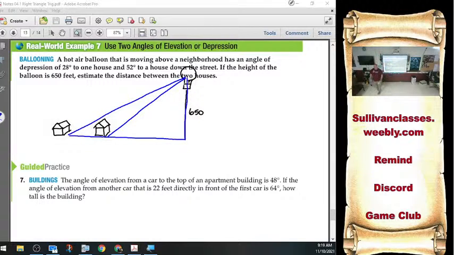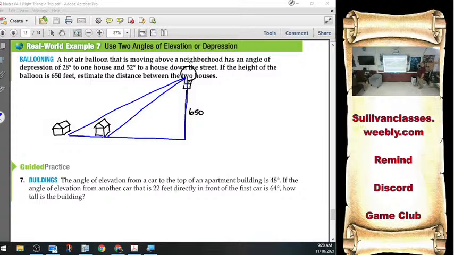Which one's which? Which one's 28? Which one's 52? Okay. Look at my angle of elevation from my eyes to the projector.